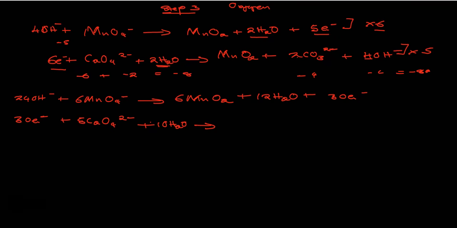To produce 5 times this, we have 5. We also have 10 here, because when we multiply 2 by 5, we have 10. So as you can see now, 30 and 30 are equal. So these are going to cancel out.